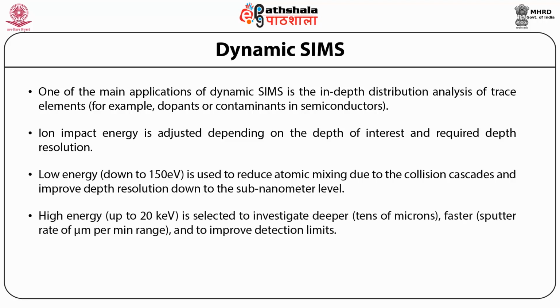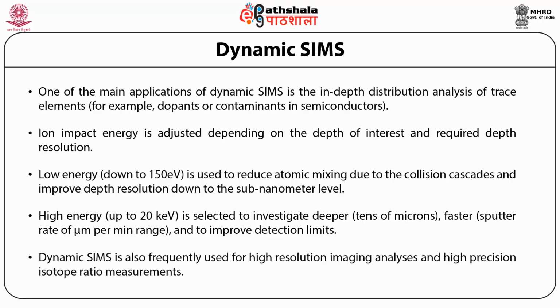High energy, up to 20 kilo electron volts, is selected to investigate deeper, meaning tens of microns, with a faster sputtering rate in the micrometer per minute range, and to improve detection limits. Dynamic SIMS is also frequently used for high resolution imaging analysis and high precision isotope ratio measurements.